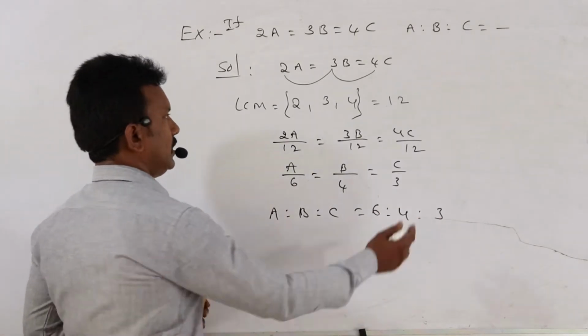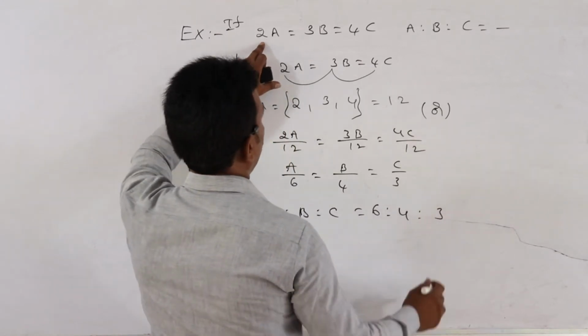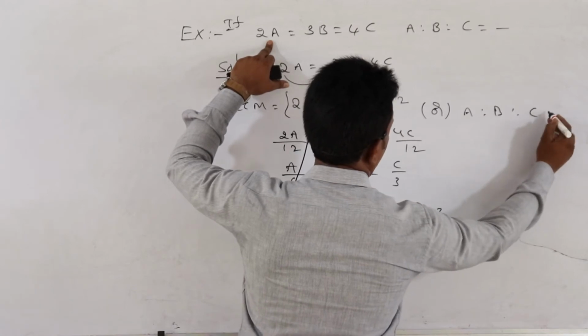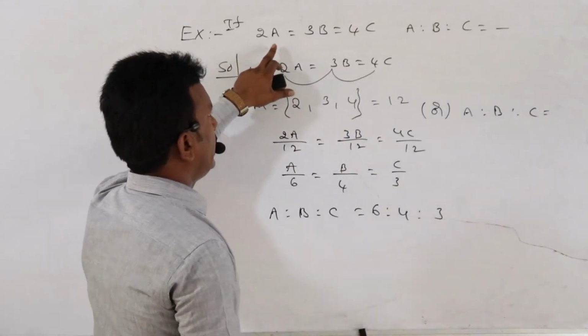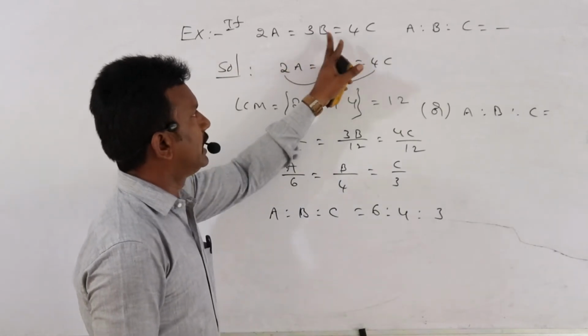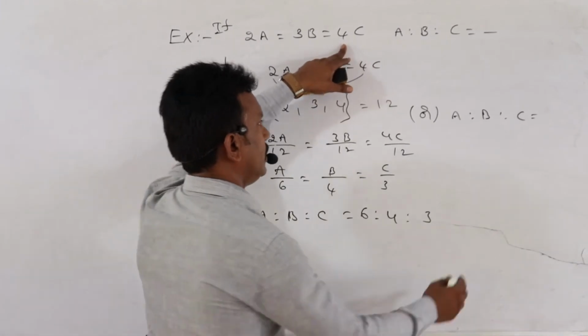We find the part of a, b, c. For the part of a, we write the multiplication of the other coefficients, 3 into 4, 3 fours are 12.